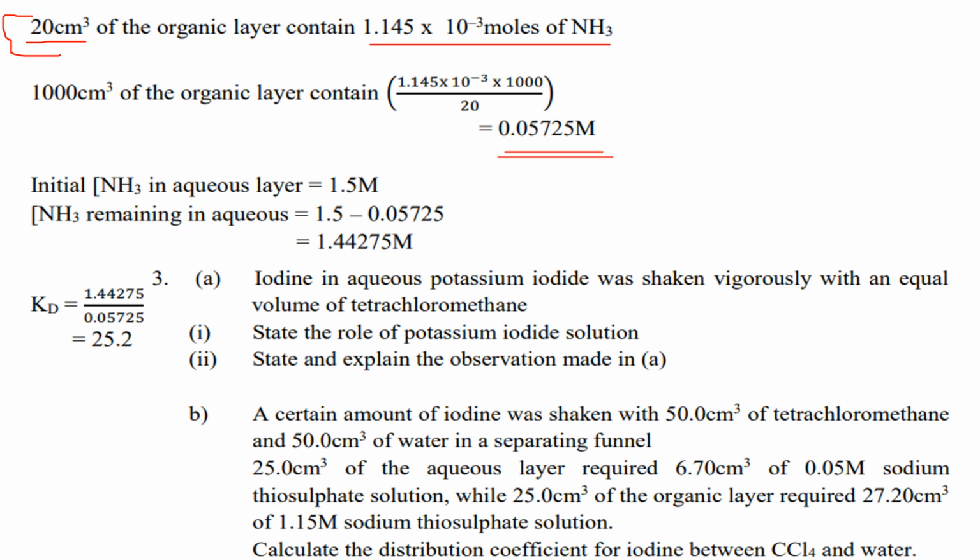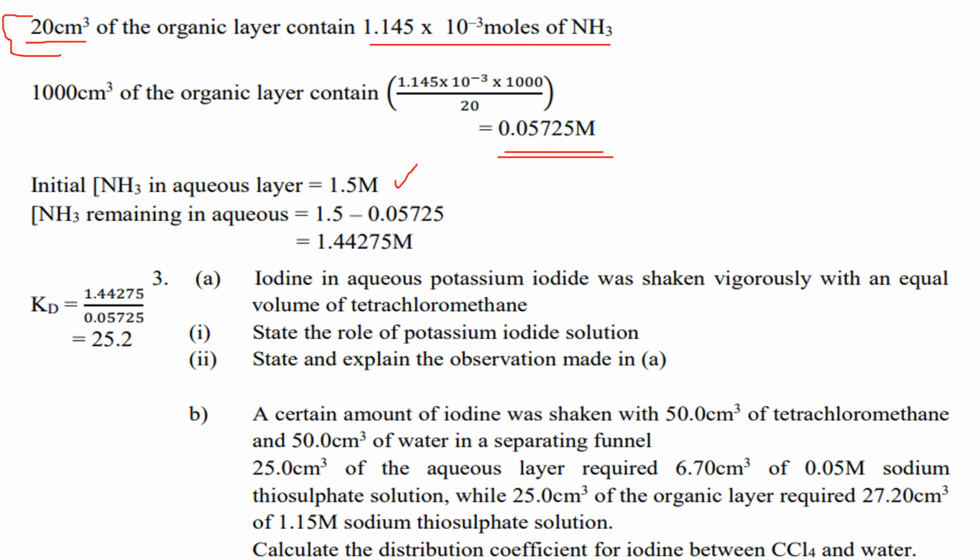Now to get the initial molar concentration of ammonia in the aqueous layer, we always take the total concentration minus the molar concentration of the ammonia in the remaining layer. The total concentration was 1.5, which is what we started with in the question.